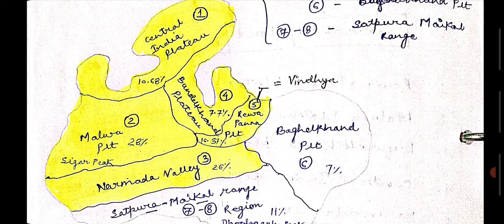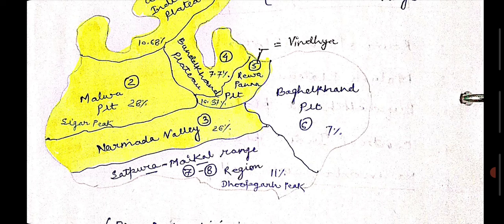Malwa Plateau is 28% of Madhya Pradesh. The highest peak of Malwa Plateau is Sigar Peak. Then second largest is Narmada Valley. Narmada Valley is 26% of Madhya Pradesh.